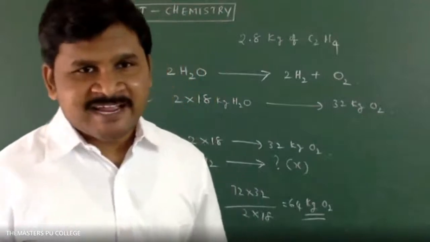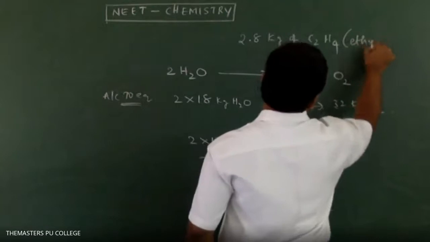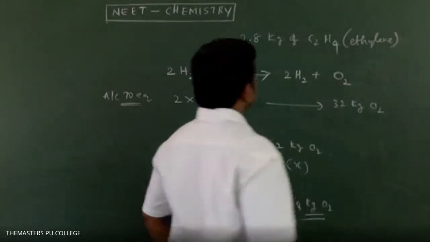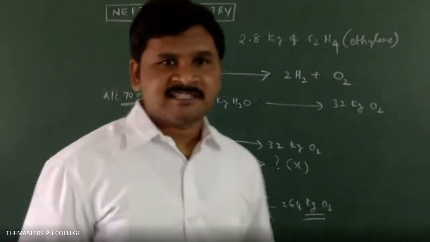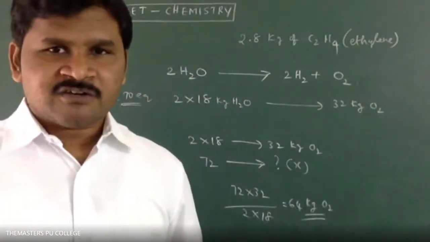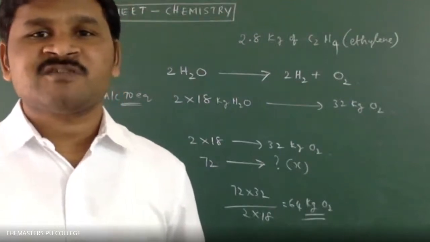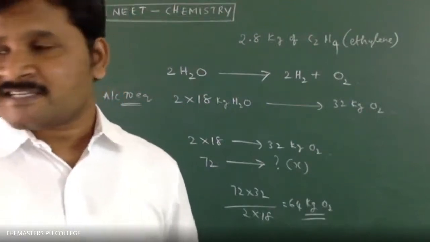You please write in brackets, ethylene. 2.8 kg of ethylene, C2H4. I think you know very well about the combustion reaction. Write the combustion of C2H4 and balance, you will get the answer.